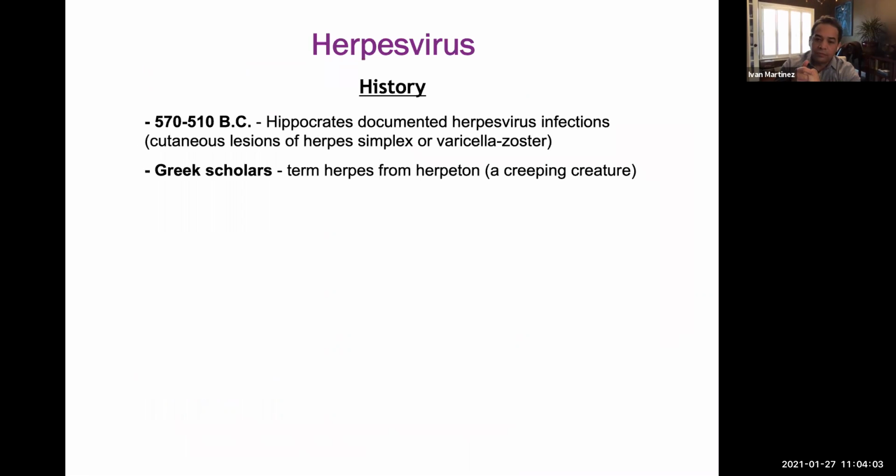So the history of herpes goes way, way back. We're talking about thousands of years ago. Hippocrates documented herpes virus infections in the 500s BC, these cutaneous lesions of herpes simplex or varicella zoster.